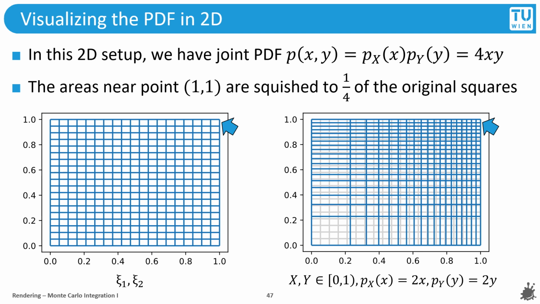And we can see that the areas near point 1, 1 in the coordinate system are squished to 1/4 compared to the original squares after the transformation. Again, we can see that 1 over the PDF gives us an indication of how much space is transformed if we move from a uniform input to a random variable with a particular PDF.